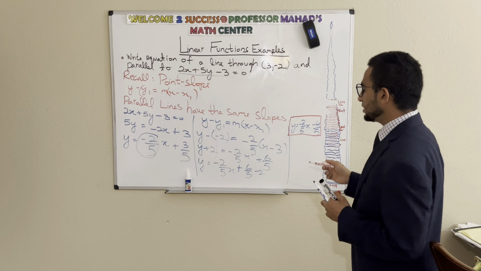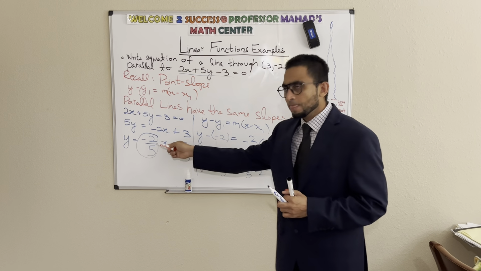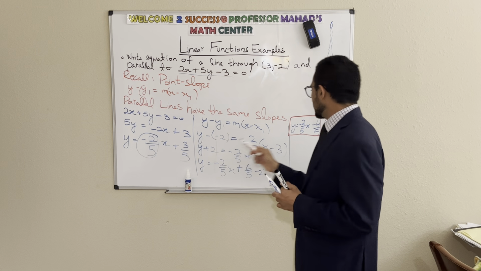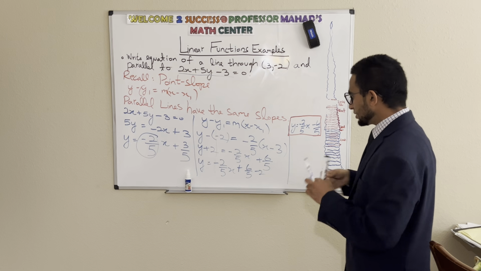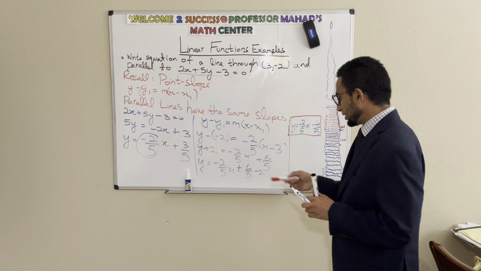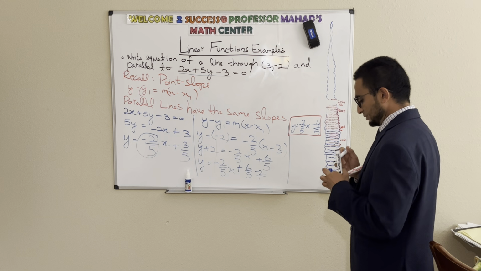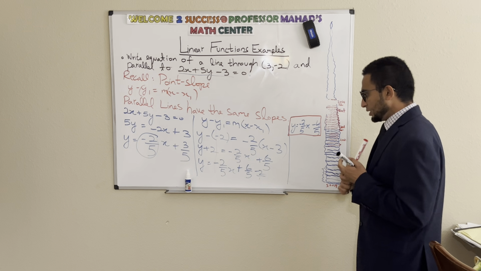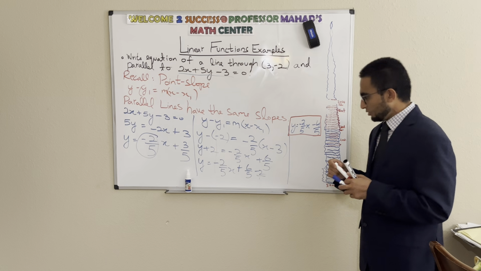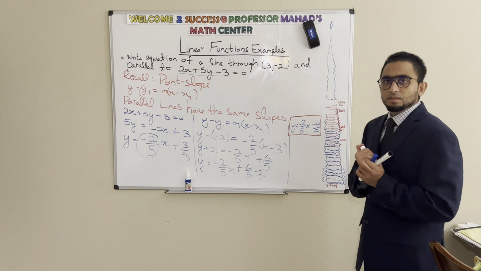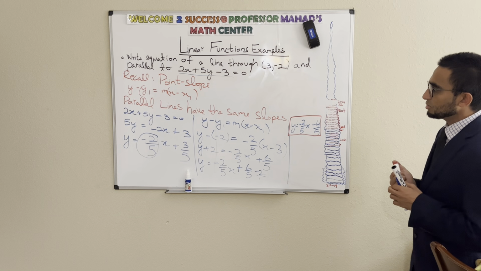So guys, you see that the gradients are same because the lines are parallel to each other, but the y-intercepts are different. Let me first make sure. So 6/5 minus 2, if we take this as 2/1, so we have 6 minus 10, beautiful. I'll give you guys a few seconds to digest.